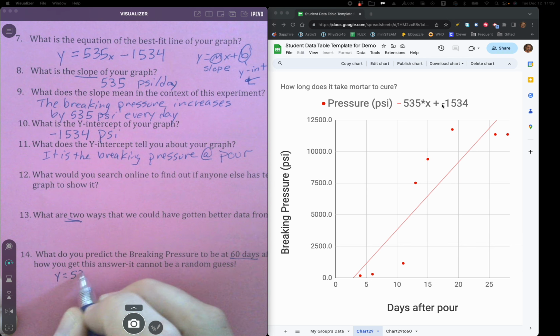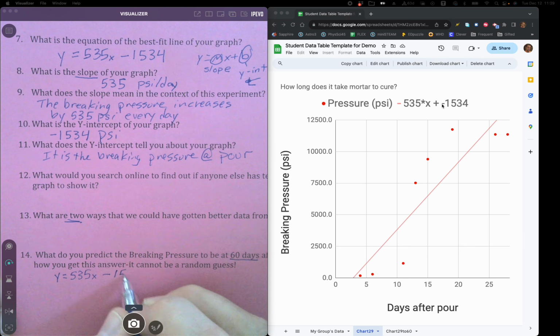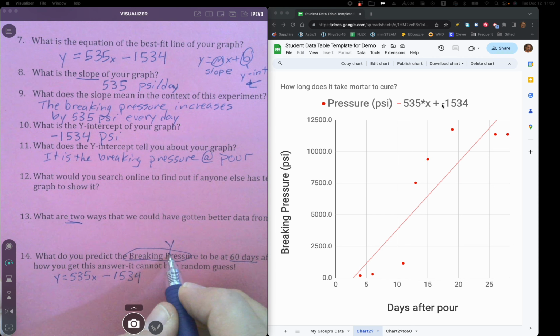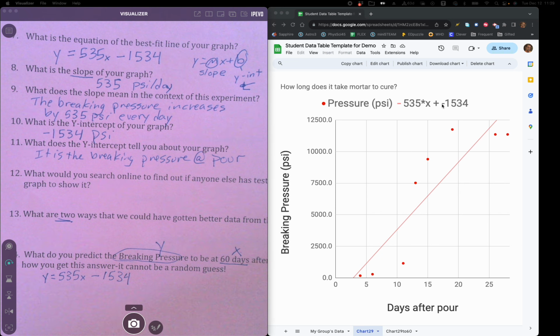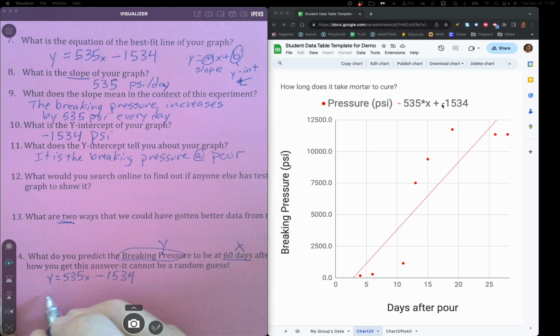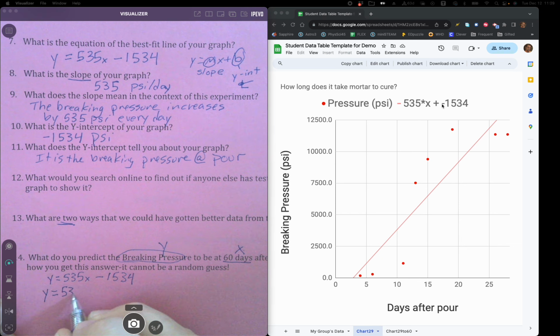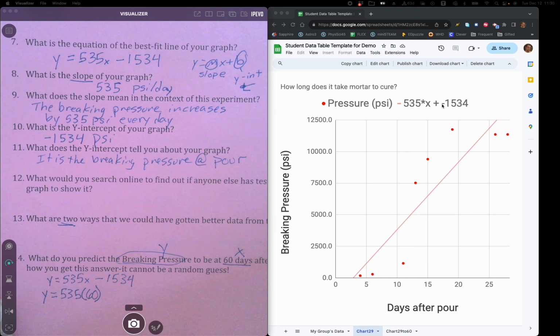Y equals 535x minus 1,534. And all we're doing, when we ask this question, what is the braking pressure, which is y, at an x of 60 days? So all we really do is just say, okay, y, don't know what it is, but I know the rate of change, the slope is 535, and we're going after 60 days, so we just plug in 60 for x.